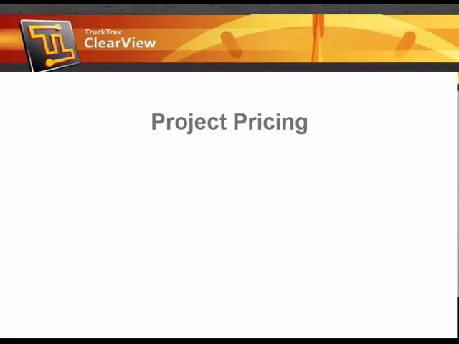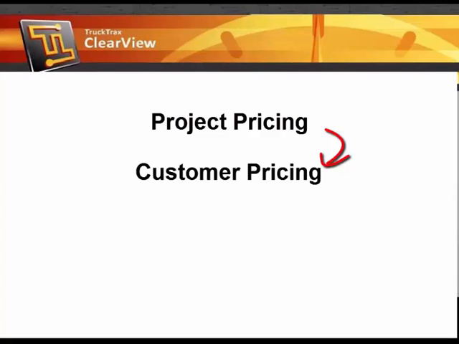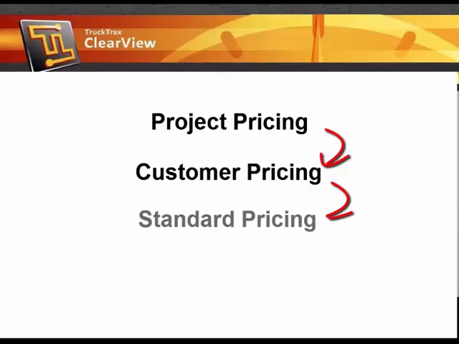For example, ClearView will first look for project-level surcharges. If it doesn't find any there, it will look for customer-level surcharges. If there aren't any, it will apply the standard surcharges. In future tutorials, we will describe the specifics of creating new surcharges and copying existing surcharges.